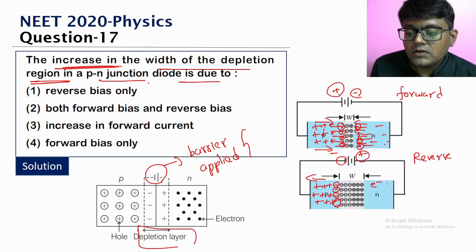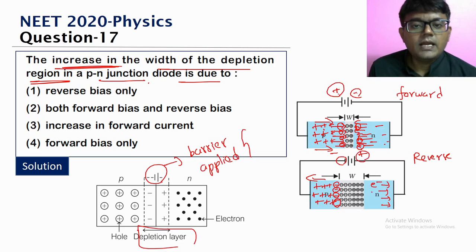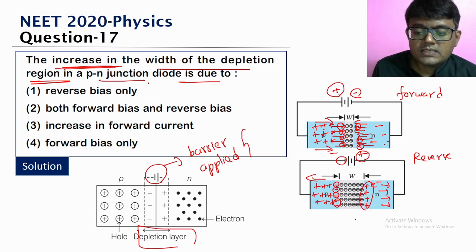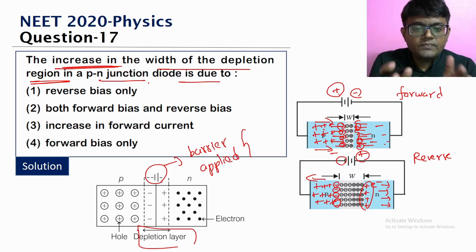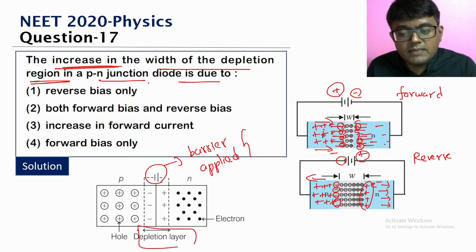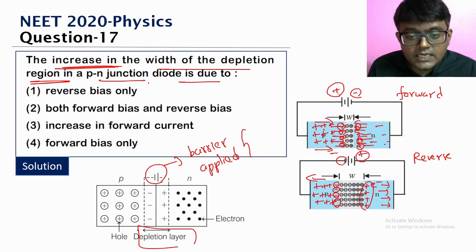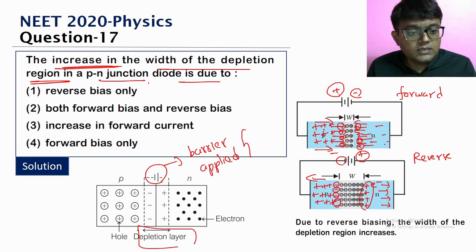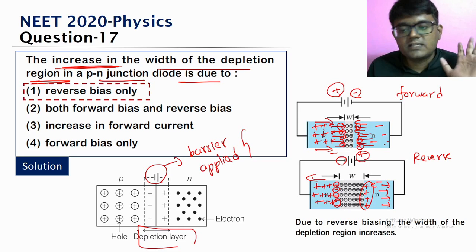Now the electrons will be attracted, so they will be moving away from the depletion zone. So as a result, because the electrons are moving away, here we will see some net accumulation of the positive charge. So there will be an increase in the thickness of the depletion zone. So this is the mechanism that results in the decrease of thickness in the forward biased and increase of depletion zone in the reverse biased. So the width of the depletion zone will increase only when it is reverse biased. Forward bias means it will be decreasing.